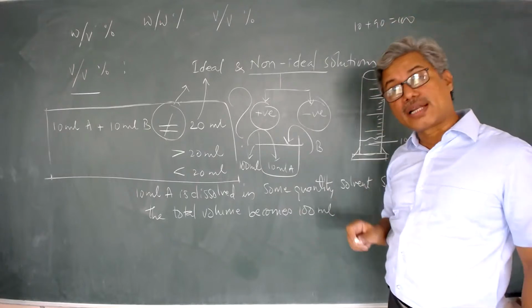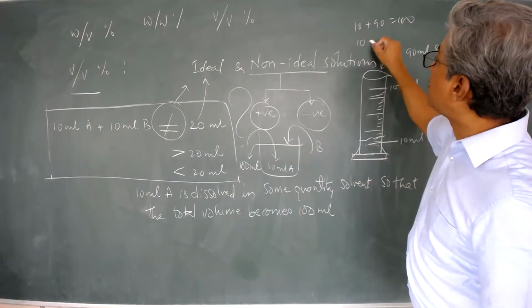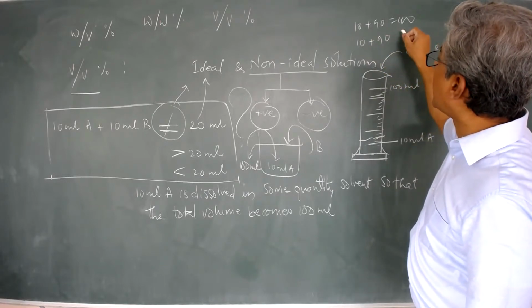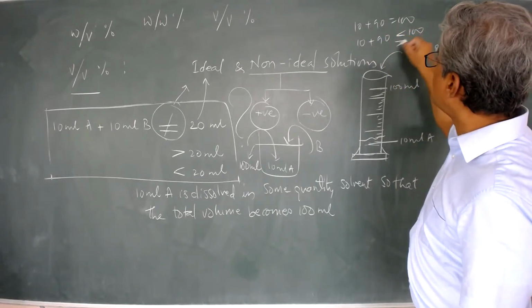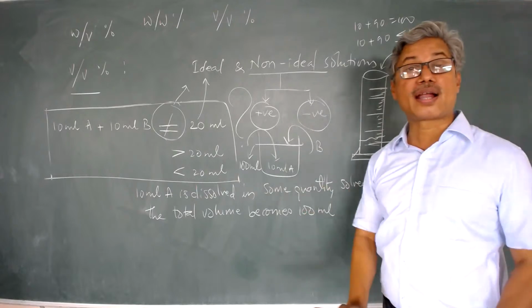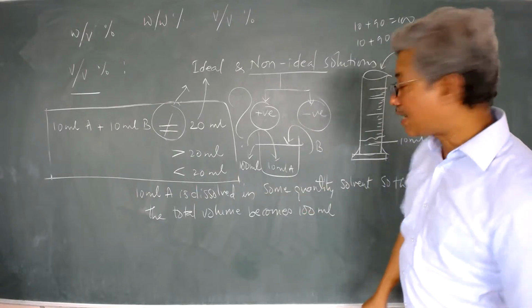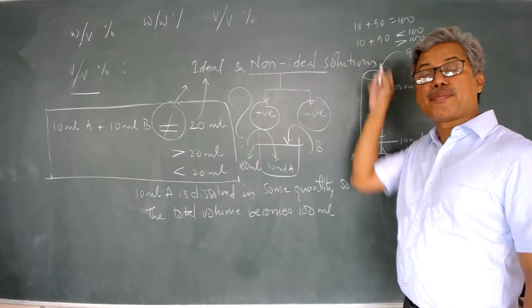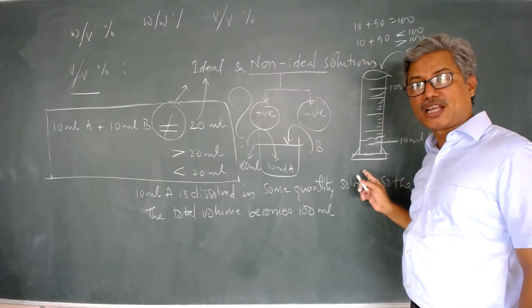In case it is non-ideal, then 10 plus 90 will be either less than 100 or more than 100. But we want only 100. That means we cannot add 90 ml of B to 10 ml of A.